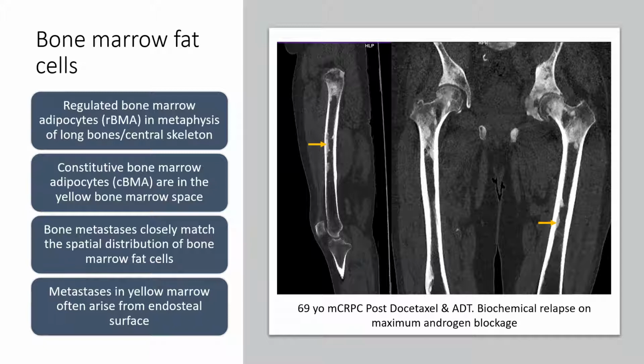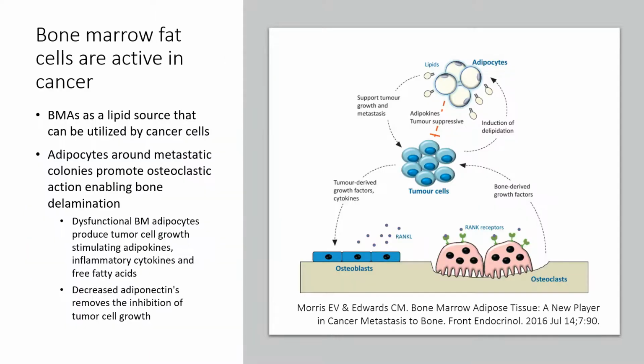And when you do see it in the shaft of the bone marrow, you can see that it's up against the endosteal surface. So bone marrow fat cells serve as a lipid source that can be utilized by the cancer cells and help to proliferate and regulate the cancer cells.